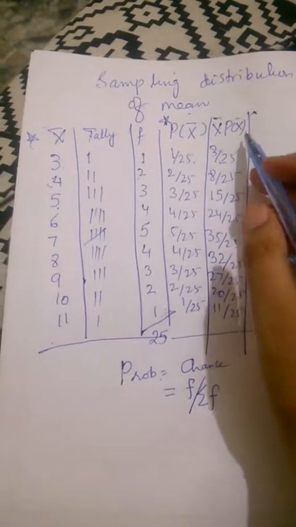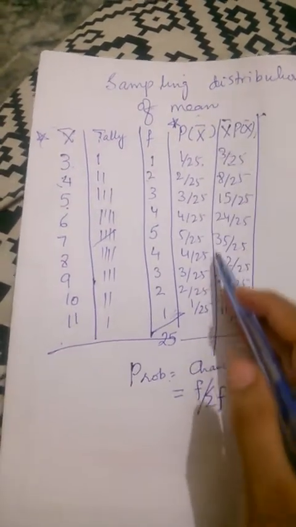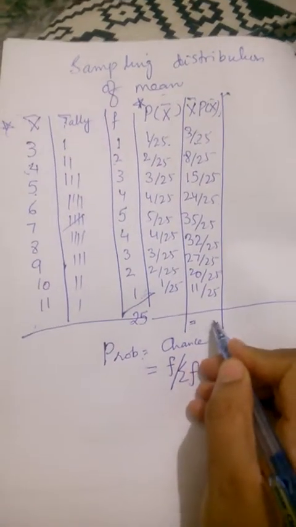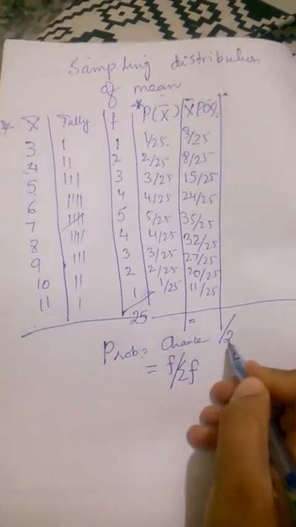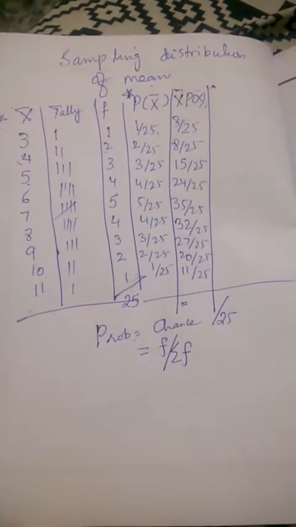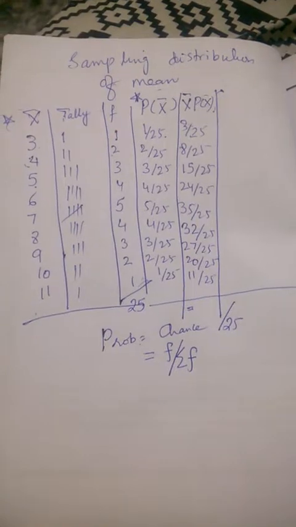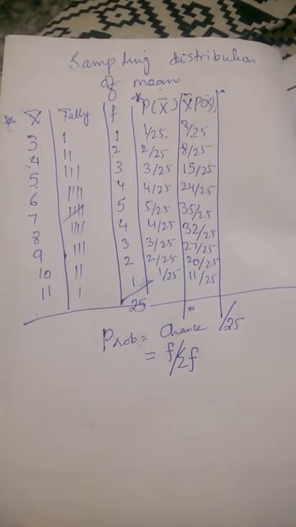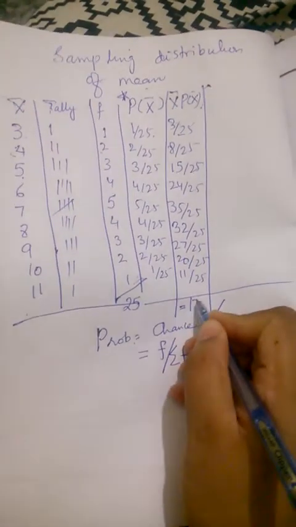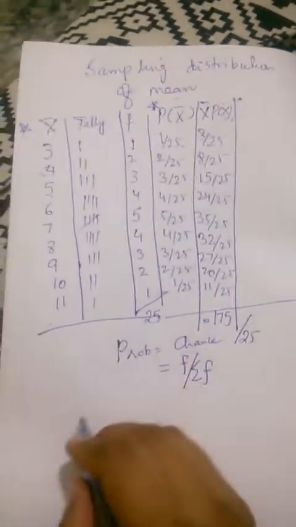Now you have to make the column of x bar into p of x bar and add this column. You will have 175 over 25.